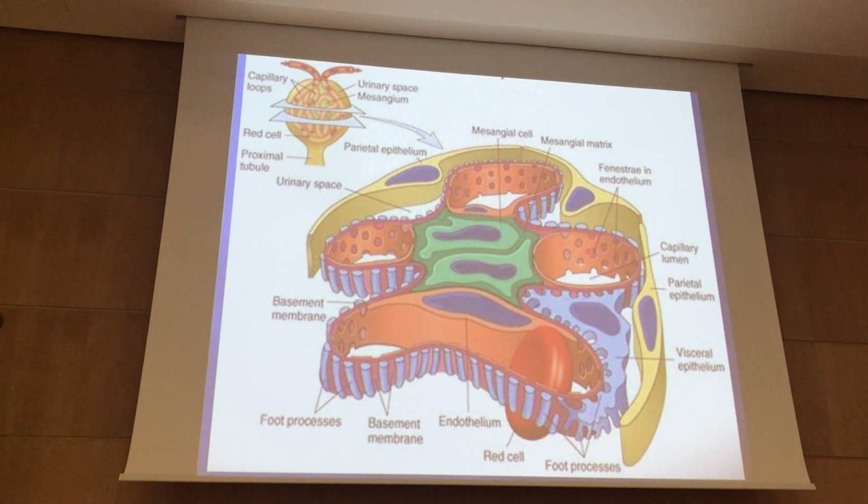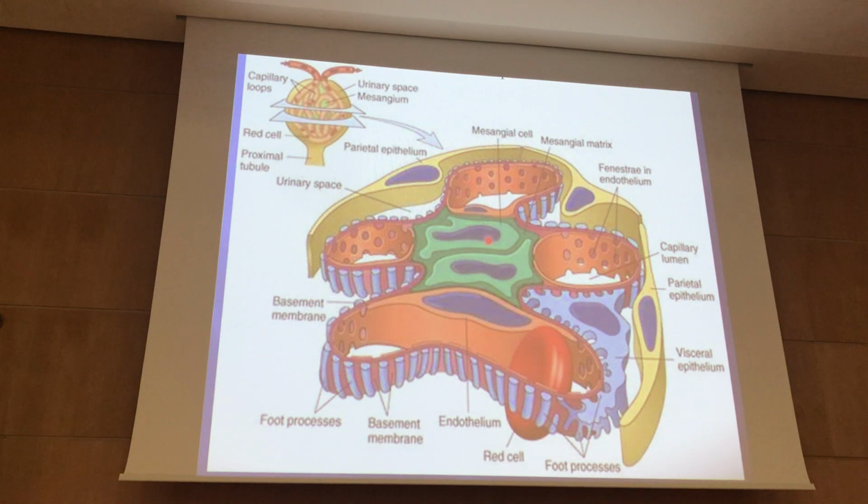This is endothelial cell. This is one endothelium cell. This is a nucleus, and this is fenestration going on throughout. Outside, it is visceral epithelium with the podocytes, and this is a parietal cell, right? So parietal cell is actually lining the Bowman capsule, the outer one.